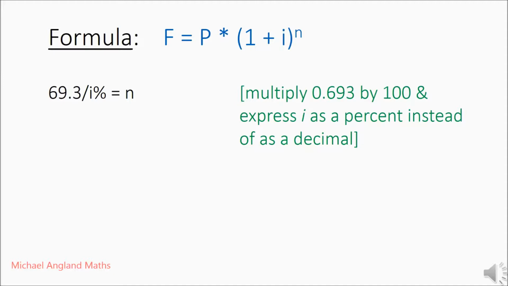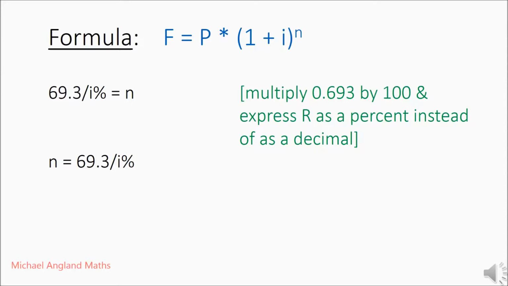So instead of 0.693, we get 69.3 for the numerator. And instead of 0.05, if it's 5%, for I, we write I as a percentage. So we write that as 5. Note that 69.3 divided by 5 is exactly the same as 0.693 divided by 0.05.